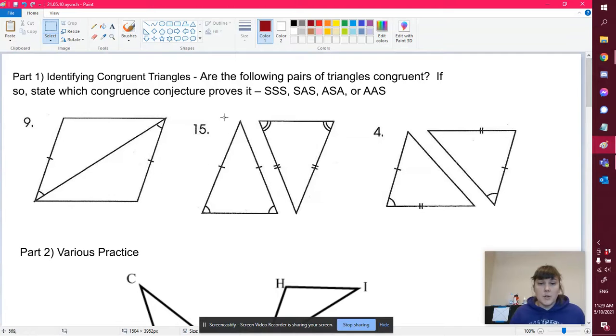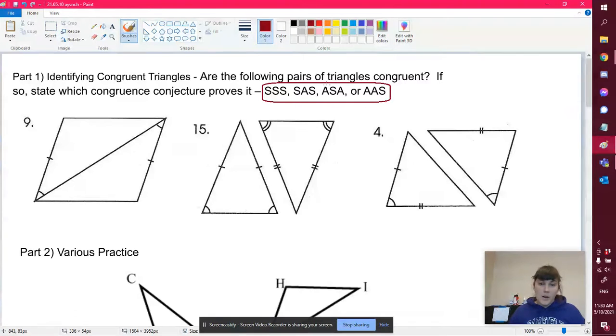So today in class, we came up with 4 triangle congruency conjectures that said if we have these pairs of congruent items in each triangle, then we get to say right off the bat, these are definitely congruent.